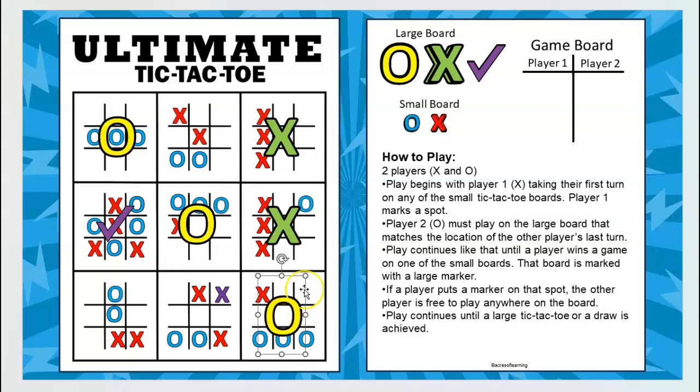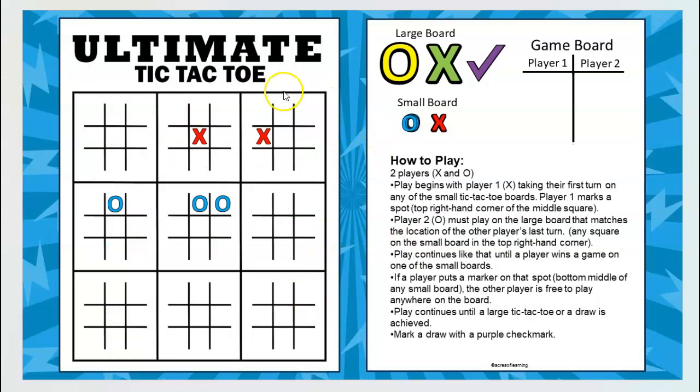Now you can change the rules if you don't want to do the rule where, as you start, let's say that the X plays here, and then the O would have to play on this board. You could do away with that rule and just let the players play wherever they want.